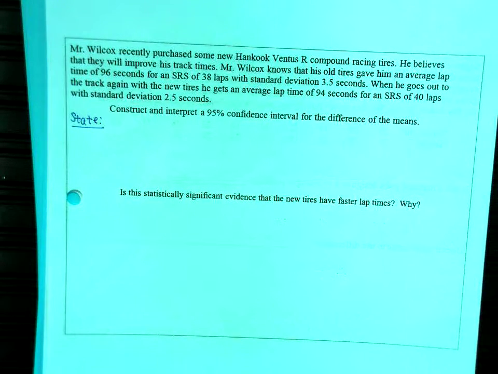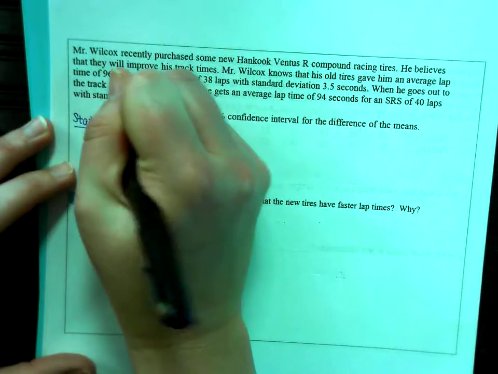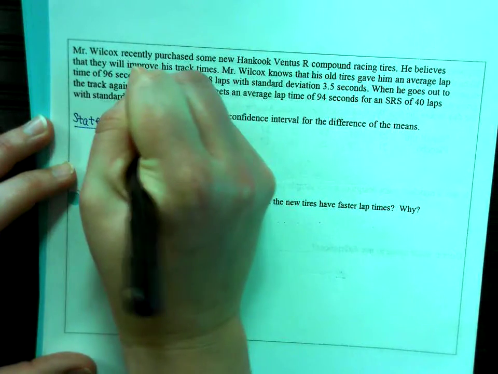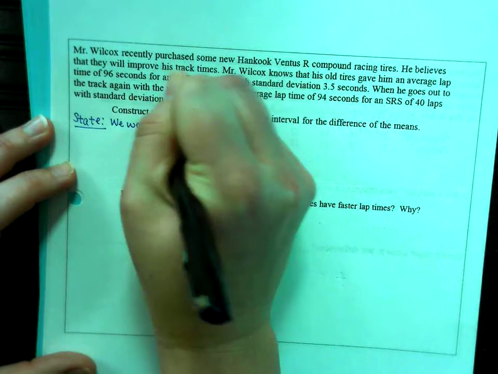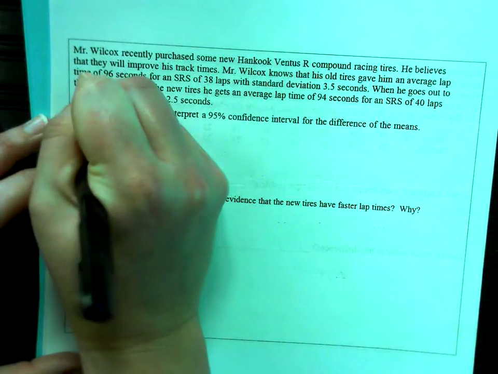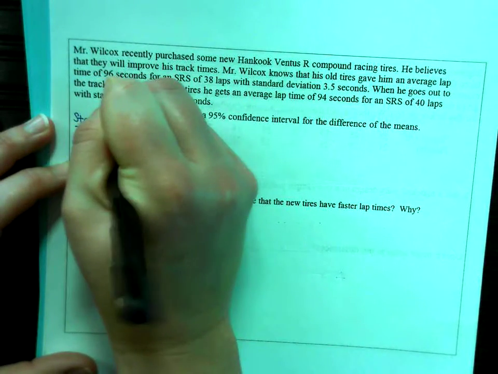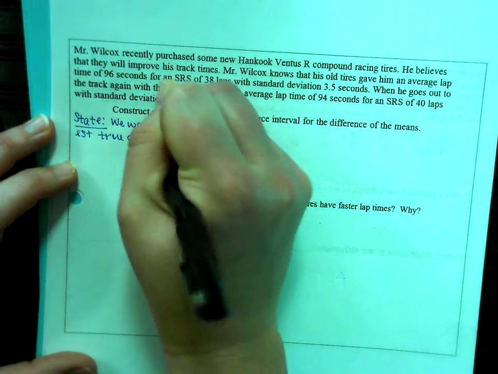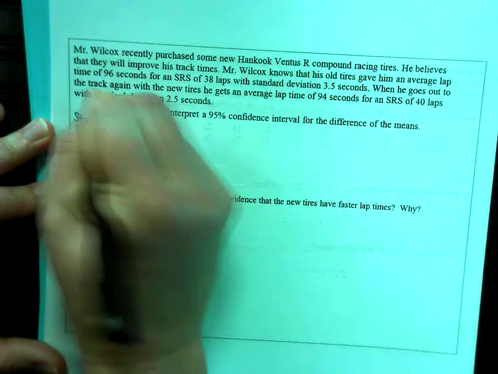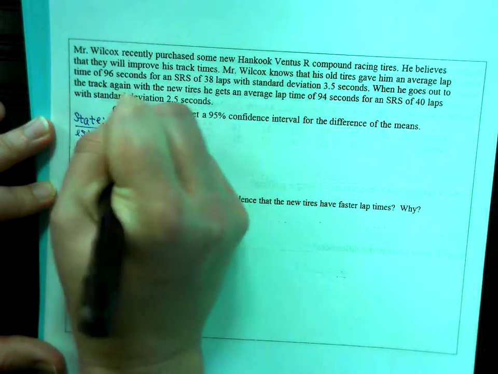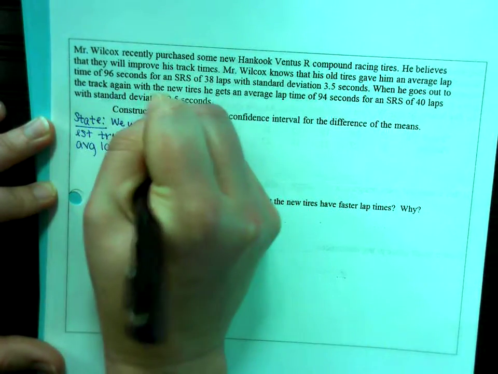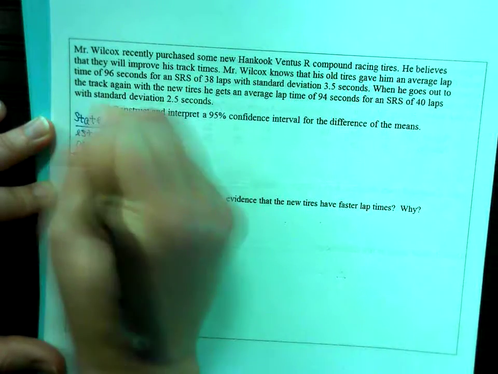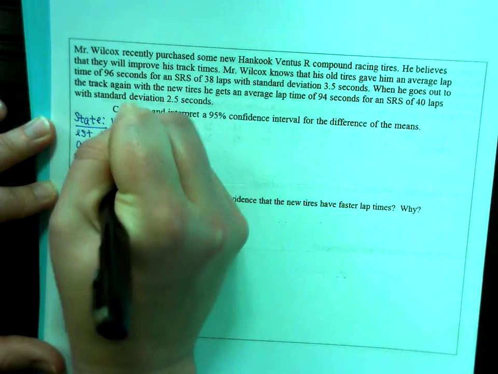We want to estimate the true difference of average lap time to a 95% confidence. If you have to say which one is mu 1, mu 1.